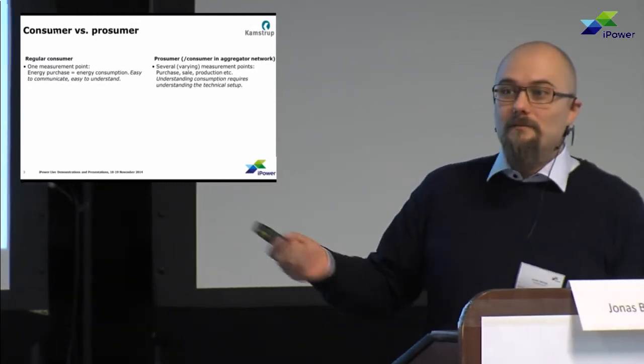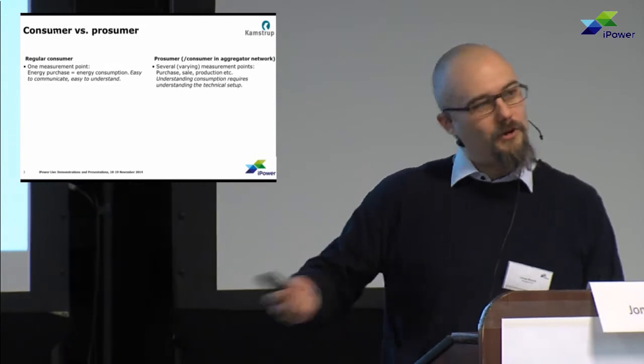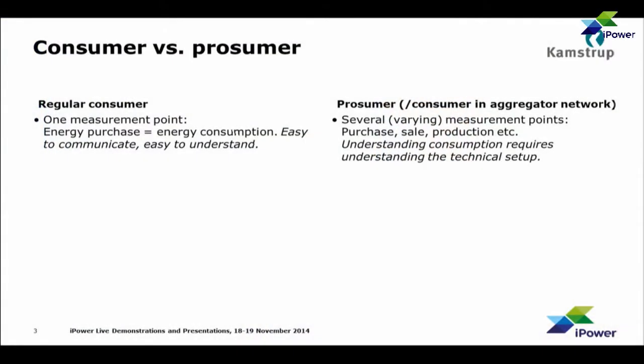None of these actually measures the total energy consumed, but rather the purchase, the sell, the production, and you even have secondary meters measuring the car charger and the solar panels and stuff like that. So understanding energy consumption in this context suddenly becomes much more complex and actually requires the users to have a certain understanding of the technical setup, which is not a requirement for a regular consumer.